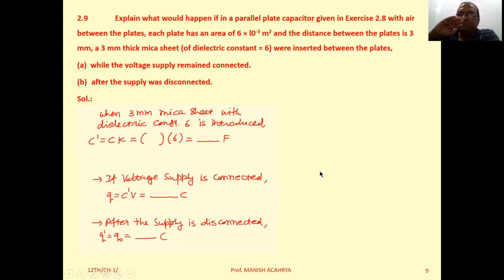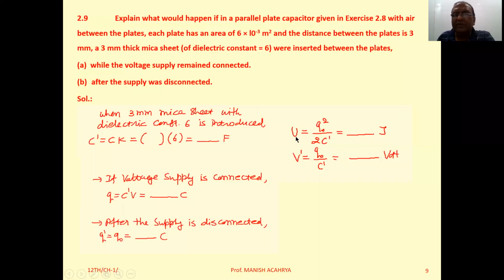Now if supply is disconnected and then after the dielectric substance is introduced, then there will be no effect on the charge. So charge will remain the initial one. So Q dash equal to Q0, and in previous example we calculated Q0, directly substitute its value here. Clear to all of you?